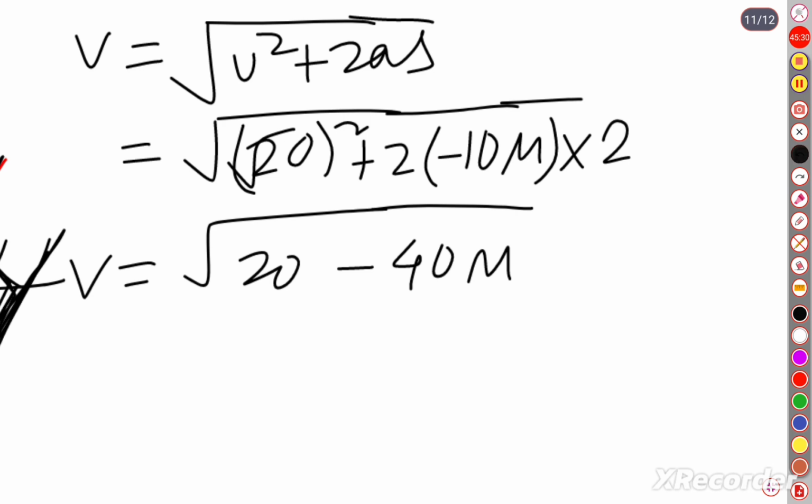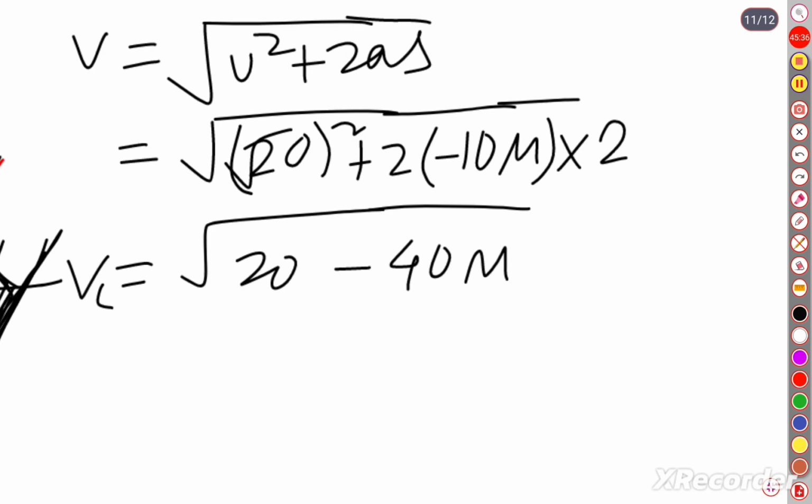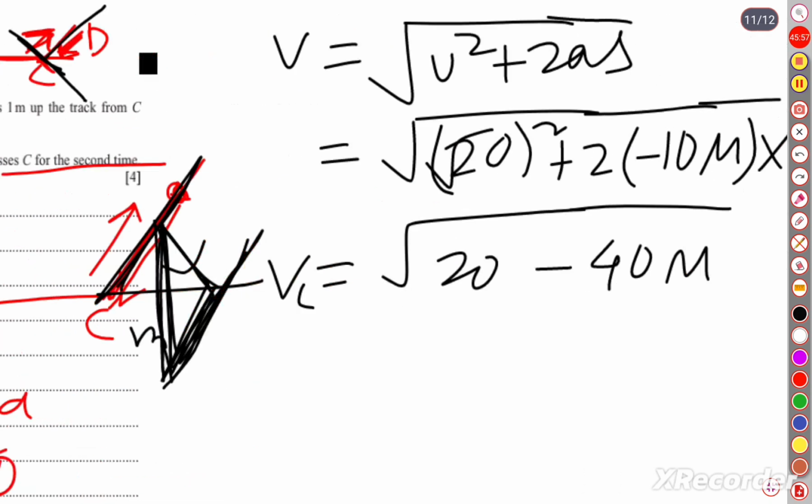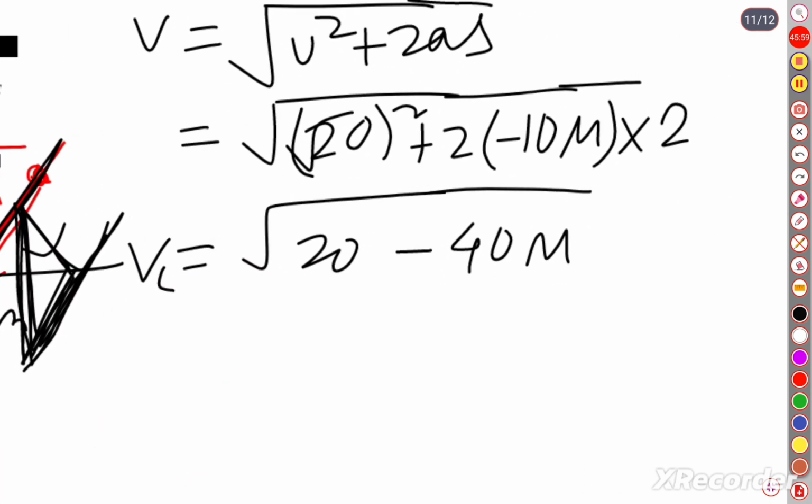Well, now we actually require the case when the particle moves up. This is at point C. When the particle moves up, what is the velocity? We know whenever a particle is released, it reaches one stage, then it comes back. And whenever it reaches the final stage, the final velocity is 0. So we write the final velocity when it is 1 meter up.